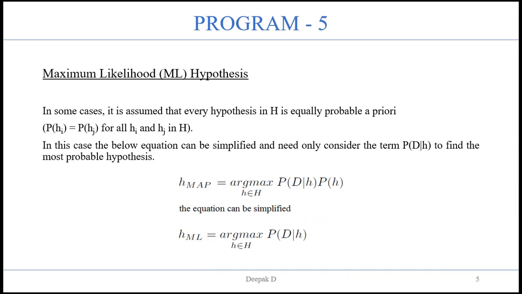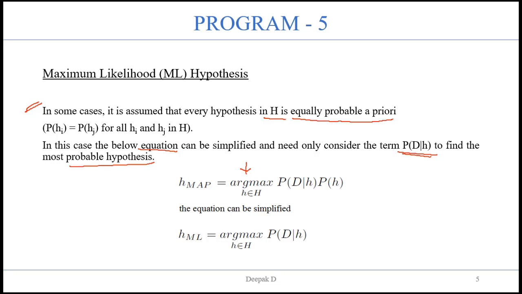See, when we call a maximum likelihood hypothesis, there are some cases where it is assumed that every hypothesis in H is having an equal prior probability value. So in this case, you can see the equation is simplified, and it is needed to consider only the term probability of D given H to find the most probable hypothesis. And this is the term that we have received from the previous equation.